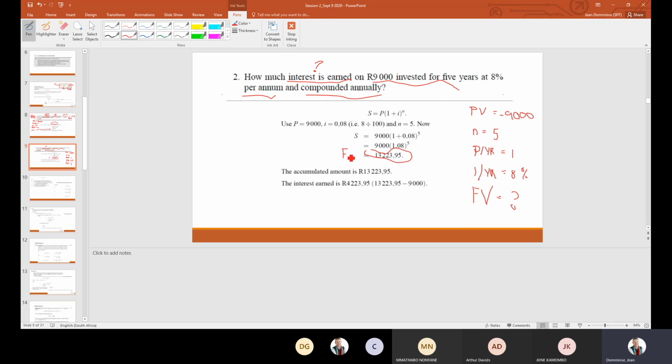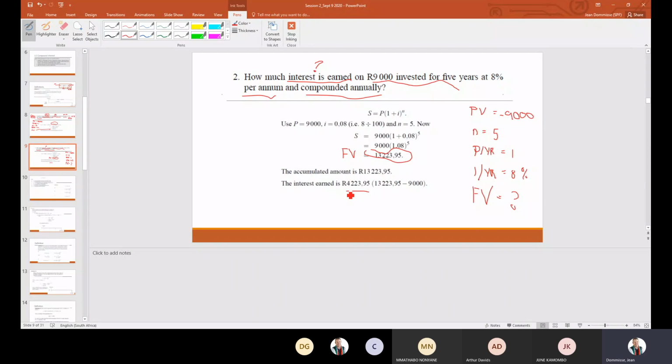So we have a future value, but in this one, they ask us what is the interest earned. So then you basically still need to make this calculation. On my calculator, there isn't a button that I can press to see what was the interest that I received. So I still need to make that calculation of what was the future value, subtract what was the beginning value, and from there I can get the interest earned.